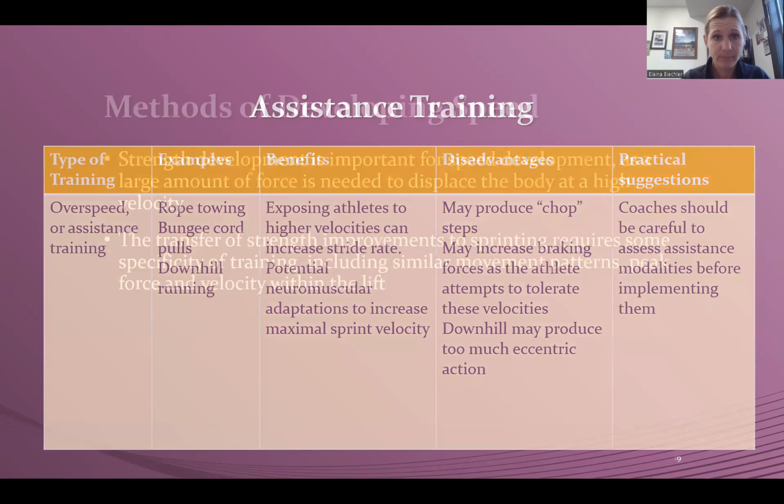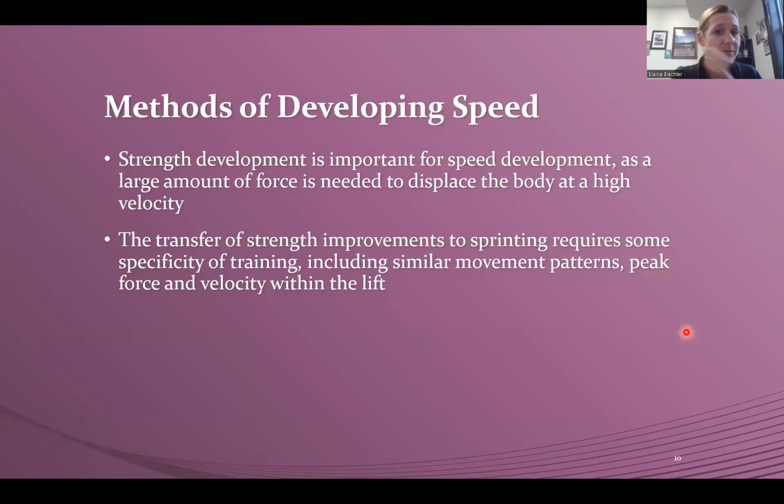So nothing at the current time says that this is the end all be all to speed training. We think about methods of developing speed. Again, strength development is important for that speed development. Okay, so I think a lot of times strength and conditioning coaches do a great job of strength development, but what are we doing to make our athletes fast?